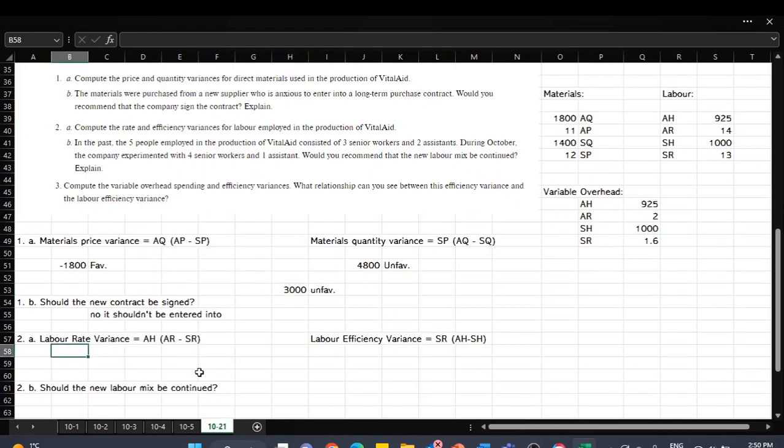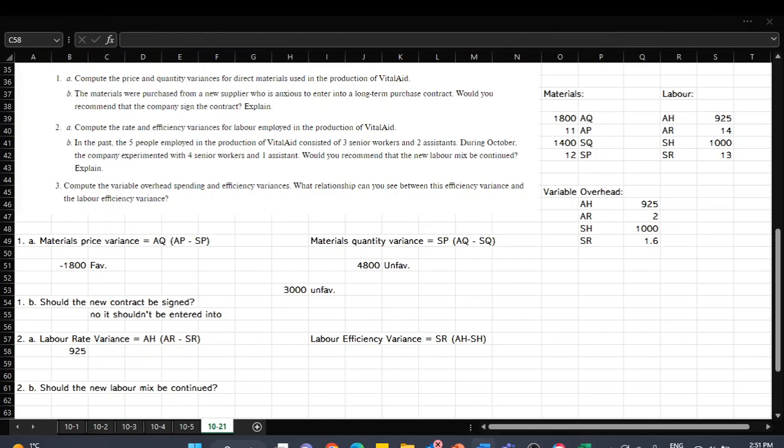So the next thing we're going to look at is our labor rate variance. Again, I isolated all of my information already so that I can just pop it into my formulas. Okay, my actual hours, 925, multiplied by my actual rate of 14 minus my standard rate of 13 is going to give me a variance of 925.